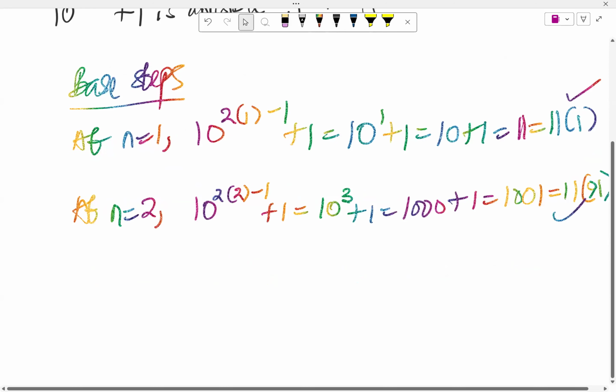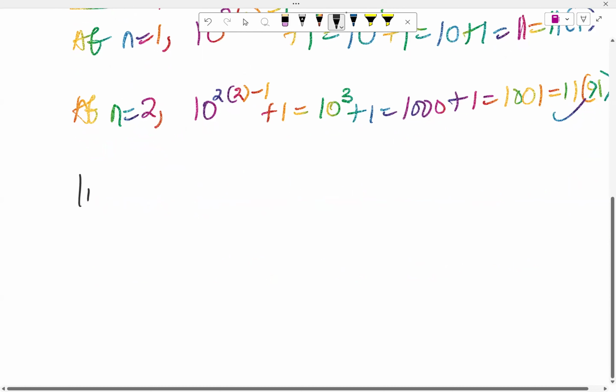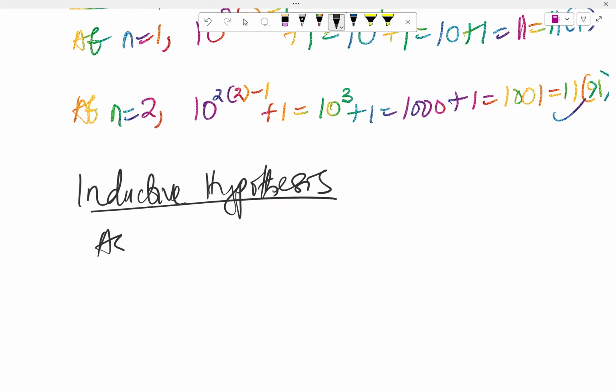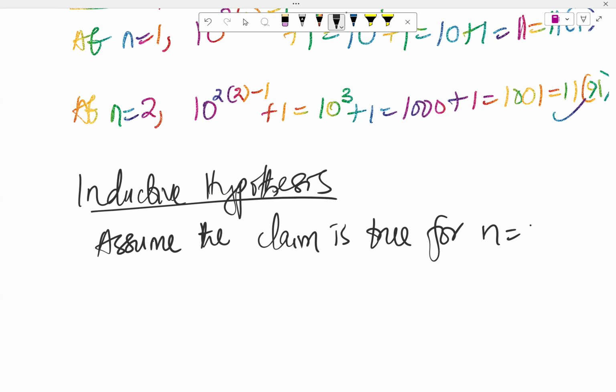So let's talk about the inductive hypothesis. For the inductive hypothesis, again, we assume the claim is true for n equals k.